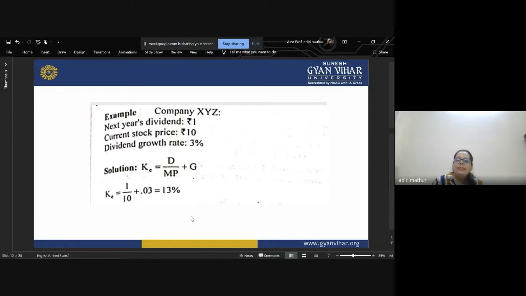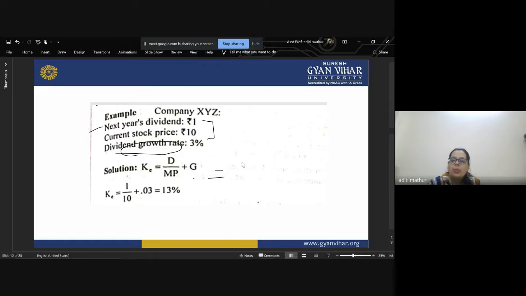Example: company XYZ's next year dividend is rupee 1, current stock price is 10 rupees and dividend growth rate is 3%. So everything is clearly mentioned in the question. You just need to identify the method, and as it is clearly given that the dividend growth rate is there, you can apply the dividend yield and growth method's formula and simply solve the question.